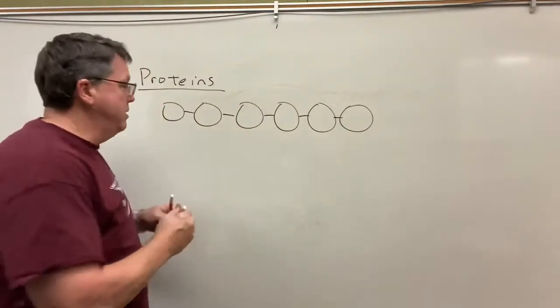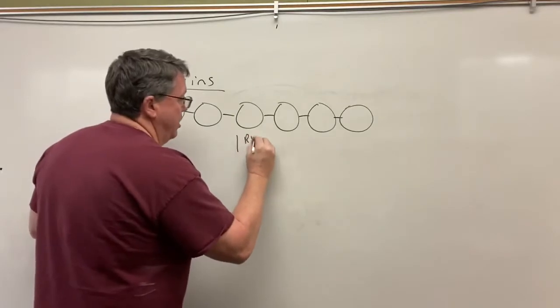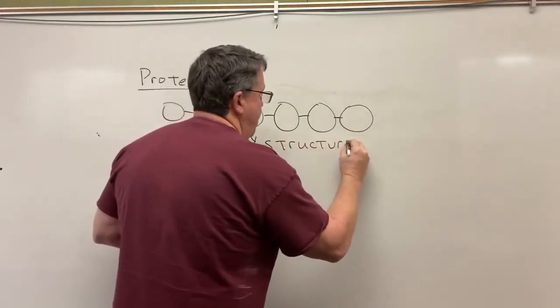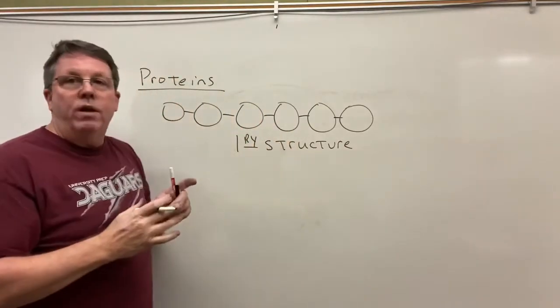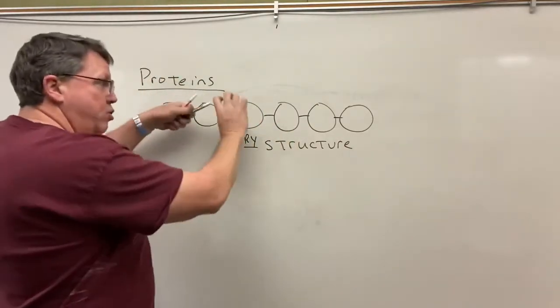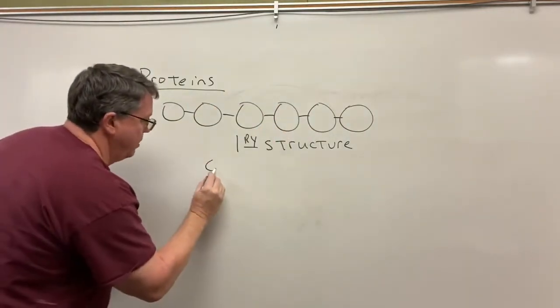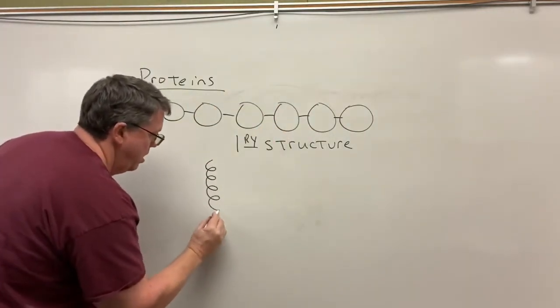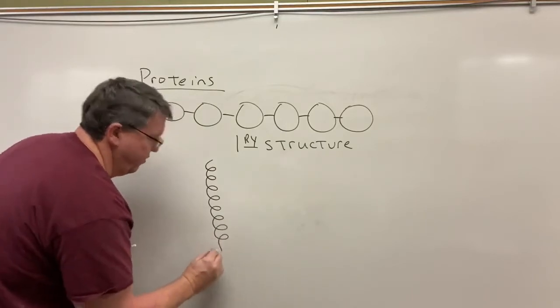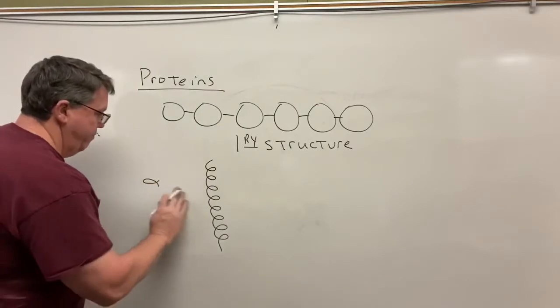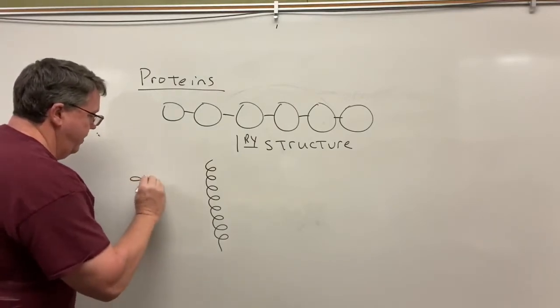Now what happens is, once again, we call this the primary structure. What can happen now is this can do one of two different things. It can twist, so imagine it's twisting. It can twist and form a structure that looks like this. And we call this the alpha helix.